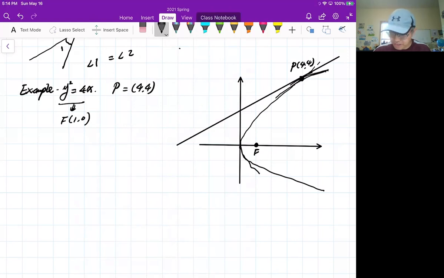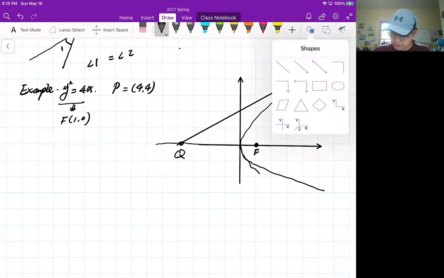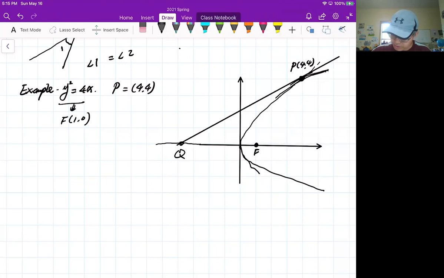So this is your P here, and this is your Q. All right, and you make a reflection. So basically, suppose you get a straight light.